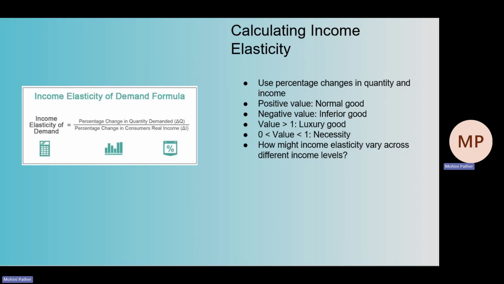If you have a luxury good, you're looking at an income elasticity of greater than 1. That means that as your income increases, you will demand substantially more of a certain good. If your value falls between 0 and 1, it means that you have a necessity good.